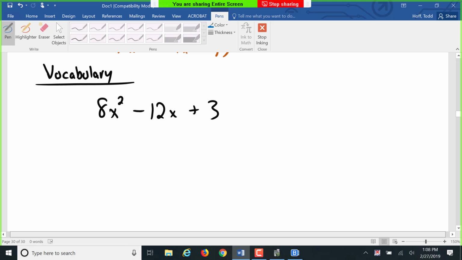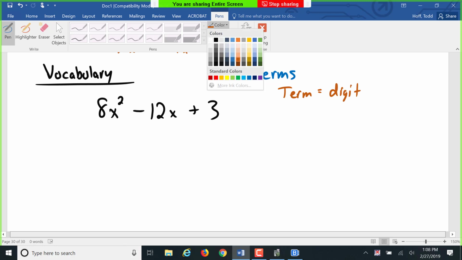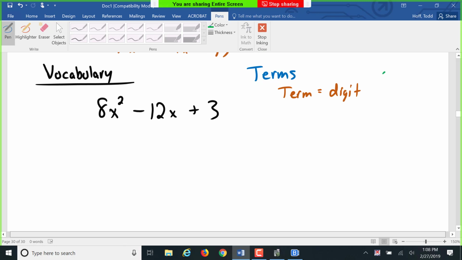First thing is the number of terms. A term is just a digit. If I had a whole number, 248, how many digits does that have? 3.